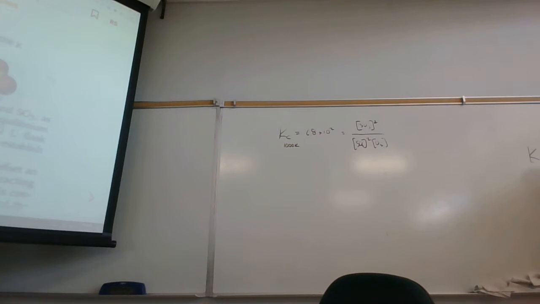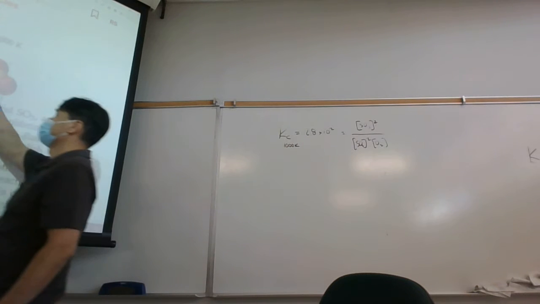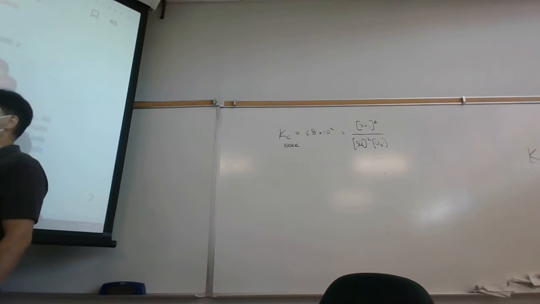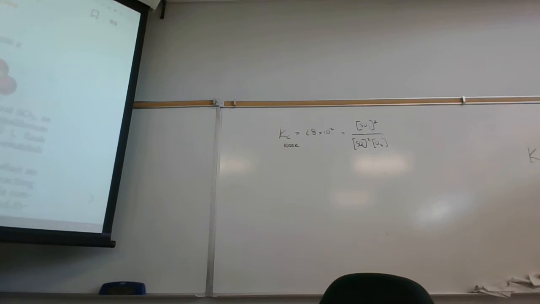If K is less than 1, then it favors the reactants because you're going to get a fraction here. So it favors reactants. The only reason I added that little stipulation is that I don't want you to get mixed up, because when we look at the concentrations, sometimes it's hard to tell, but when we look at the K, then it's easy to tell. K greater than 1 or less than 1.